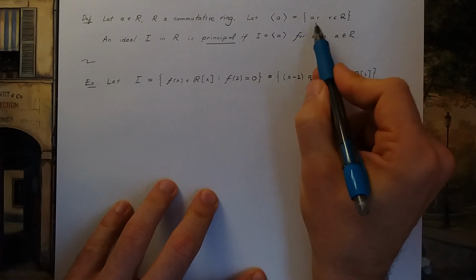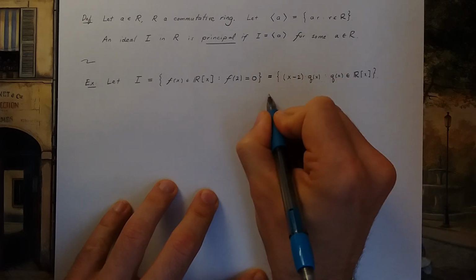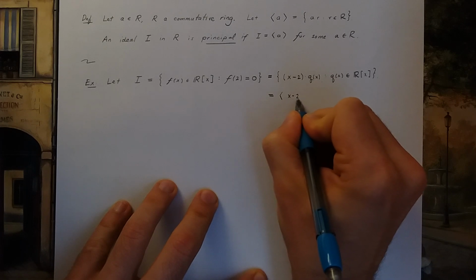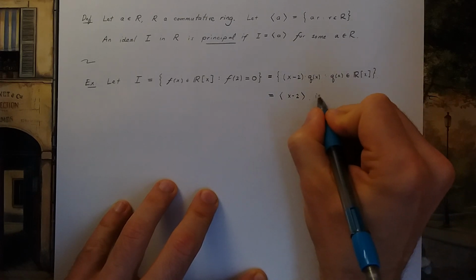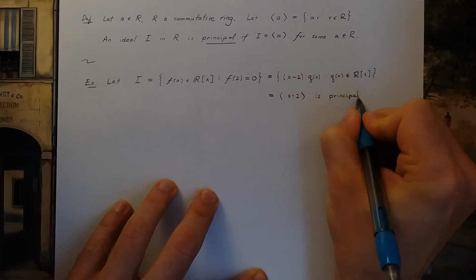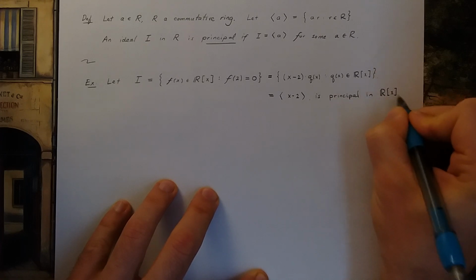This is an ideal of the form A times R. Here's my A and here's my R. So this is my ideal generated by the polynomial x minus 2. This is principal in the ring of polynomials with real coefficients.